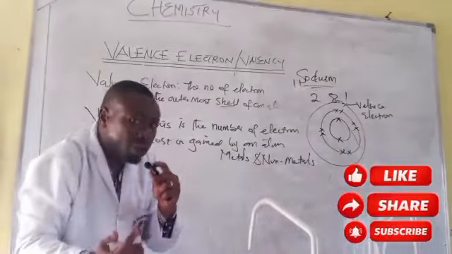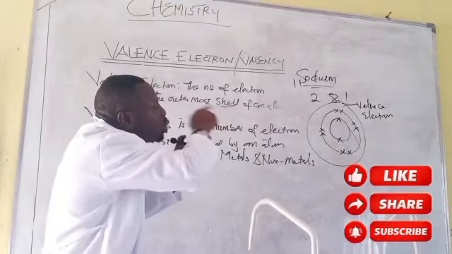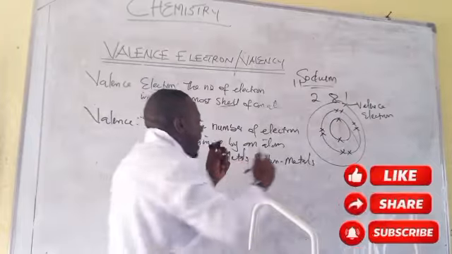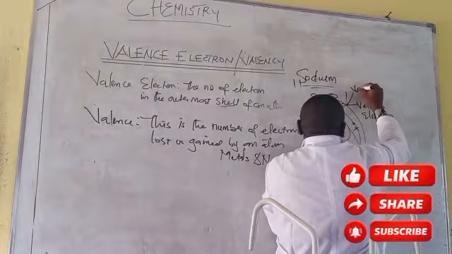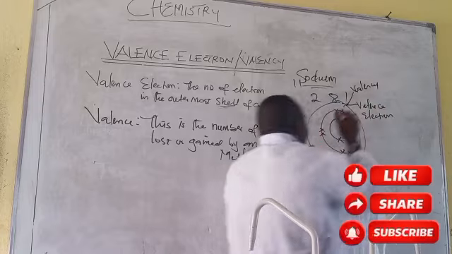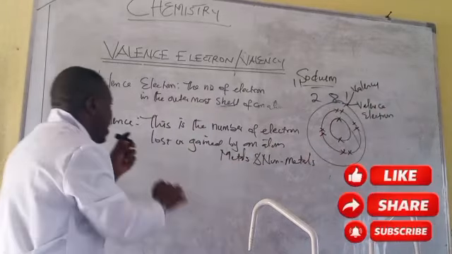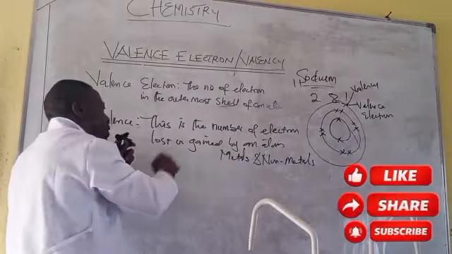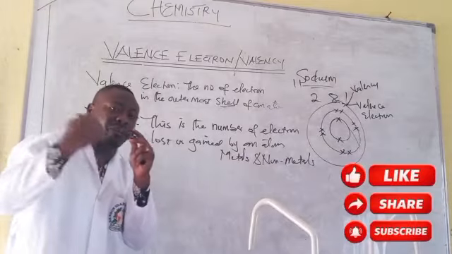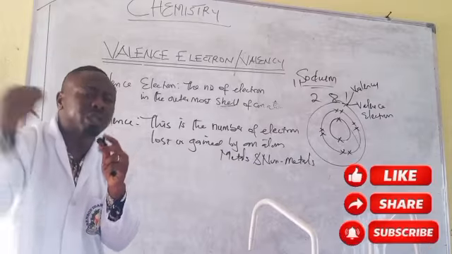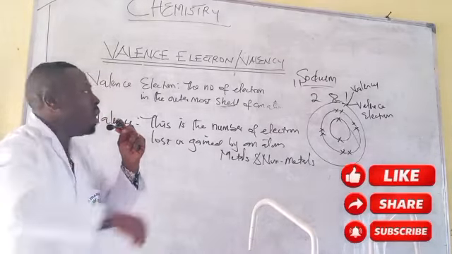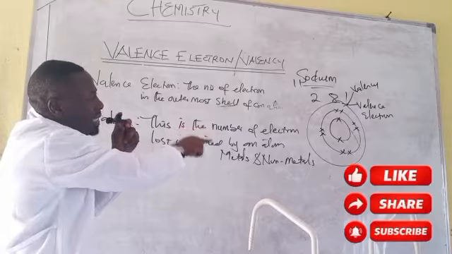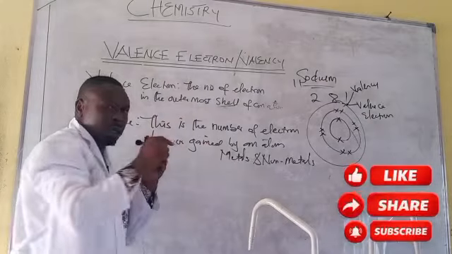Is that clear? And also, that one electron in the outermost shell is also your valency. Now, how is it valency? Like I said before, valency is the number of electrons lost or gained. By definition, metals lose electrons, so it is that one electron that sodium will lose.